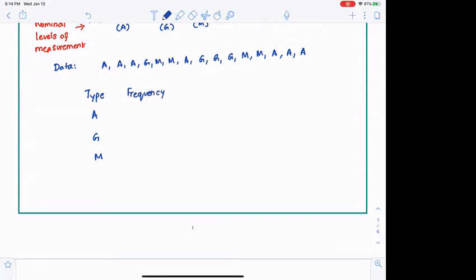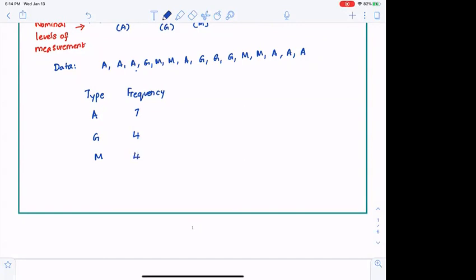And I'm going to count the number of observations that fall in each category. So first I'm going to start counting the A's. So I have 1, 2, 3, 4, 5, 6, 7. The G's, I have 1, 2, 3, 4. The M's, 1, 2, 3, 4.